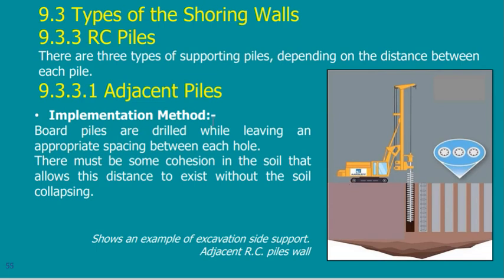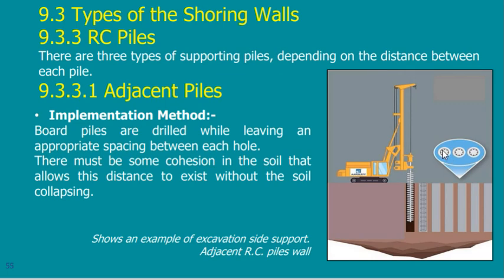Let's go to what are the types of RC piles. We have really three types of RC piles. If I'm drilling in soil that is stiff, not cohesive in the sense of clay, but the soil can carry itself, I can drill vertically without big problems.